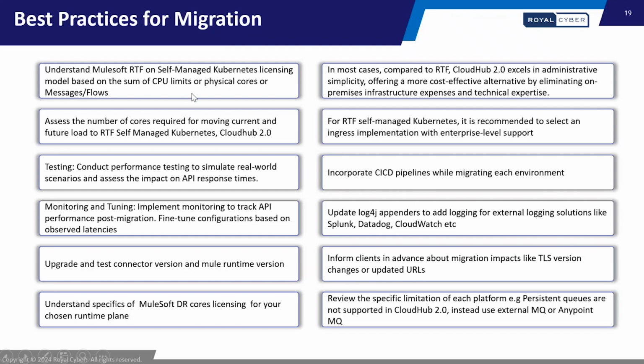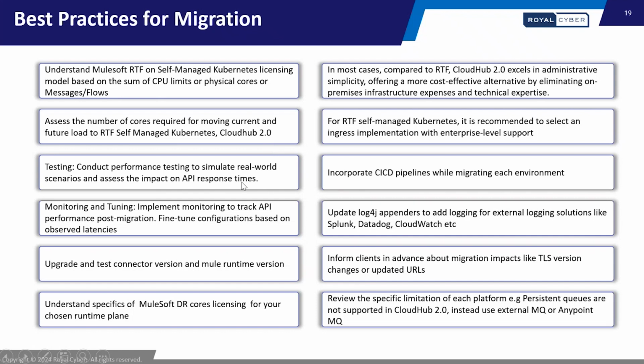So we should be aware of what types of licensing models are available. And if we choose a particular deployment option, such as RTF or CloudHub 2.0, we need to assess and estimate the number of cores required for that deployment option.